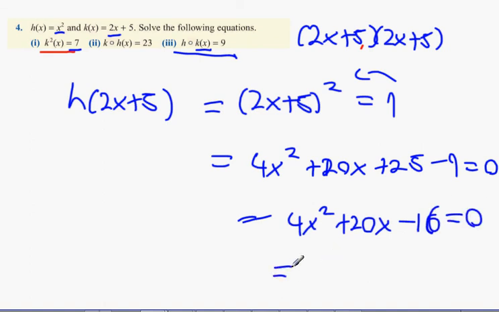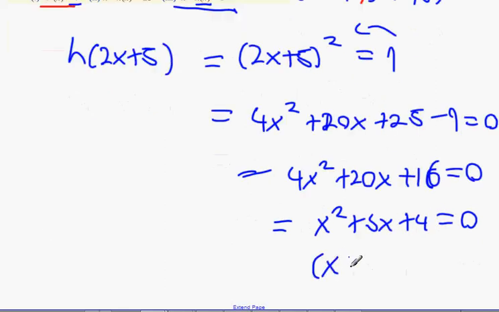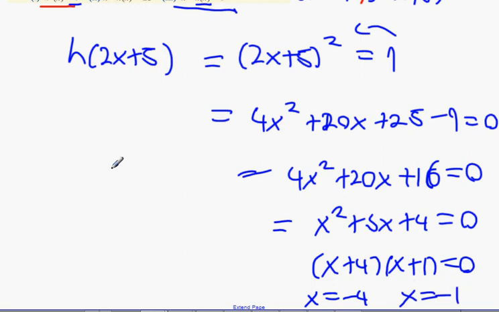We divide by 4 to get x squared plus 5x plus 4 equals 0. We factorise to get x plus 4, x plus 1 equals 0, so x equals minus 4, x equals minus 1. Okay, quite easy going from 1 to 6.